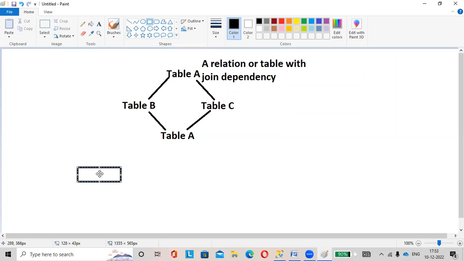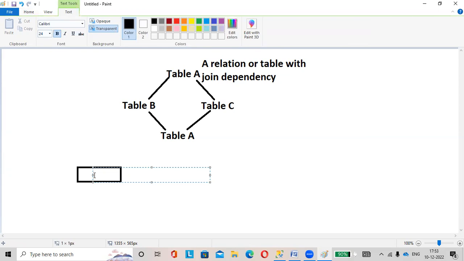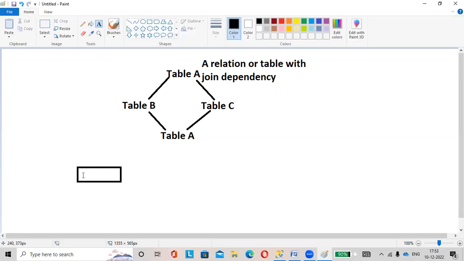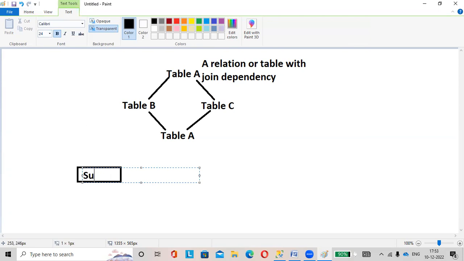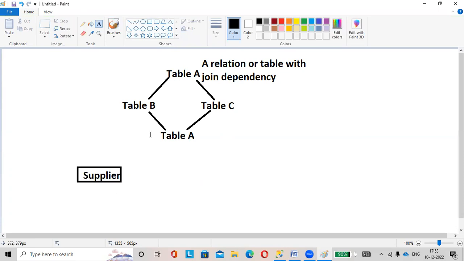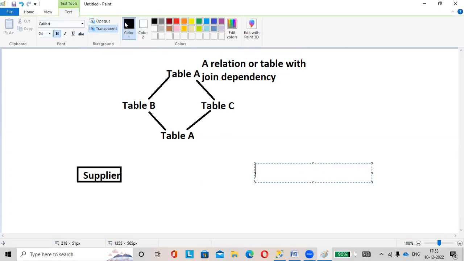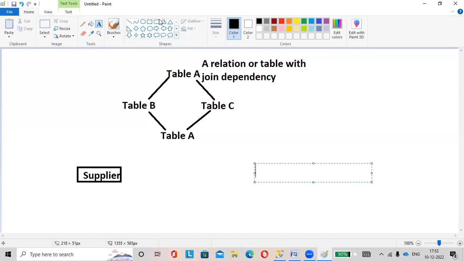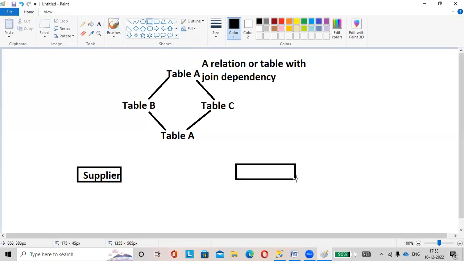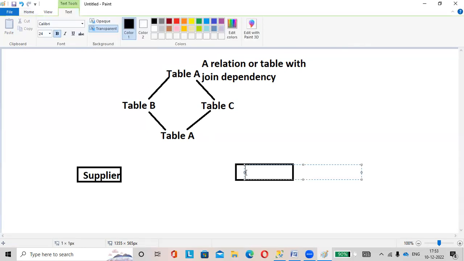Supplier is one entity. User is another entity.